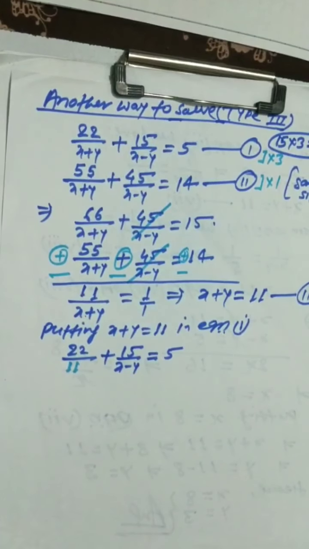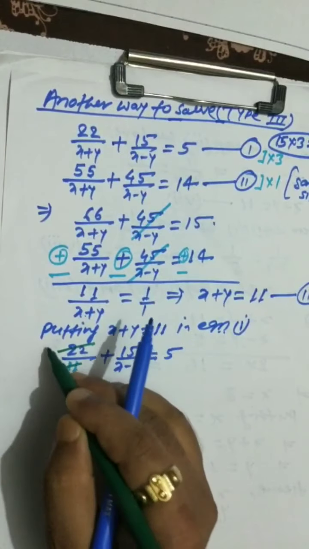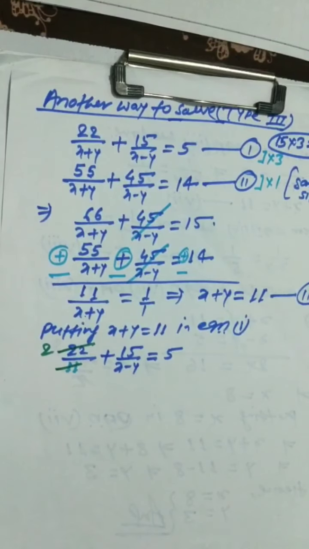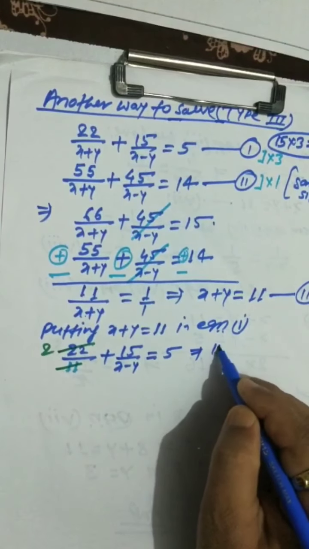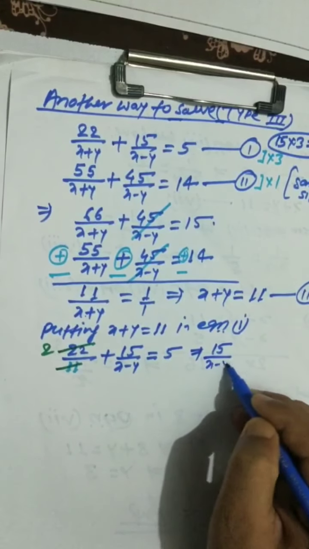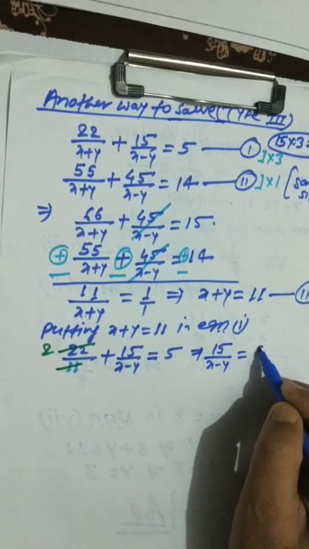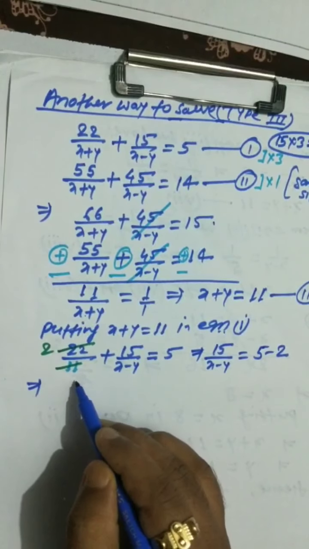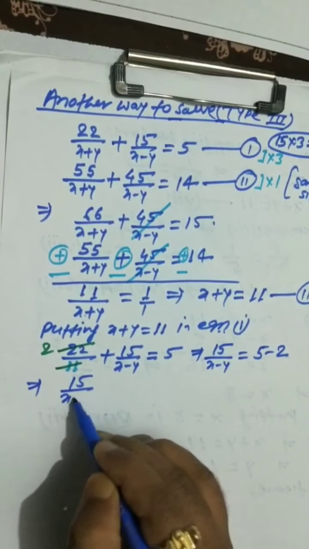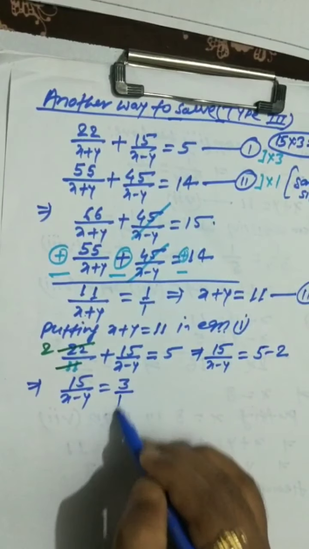Now you can cancel this 22 by 11, which is 2 times. So it will be 15 by x minus y is equal to 5, and this 2 will transfer to the RHS as 5 minus 2. Then you will get 15 by x minus y is equal to 5 minus 2, which is 3.